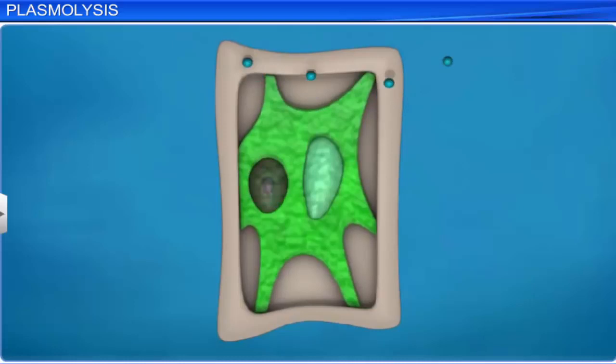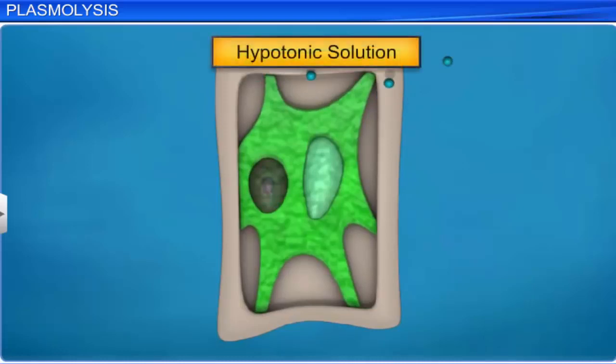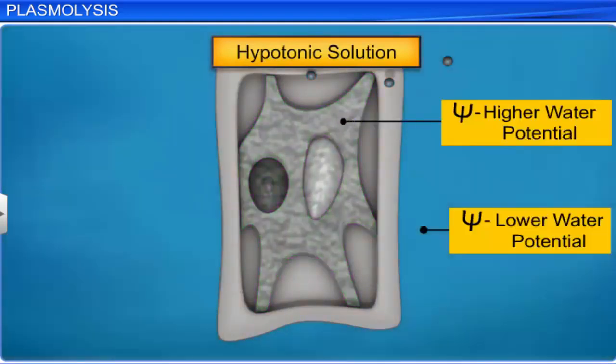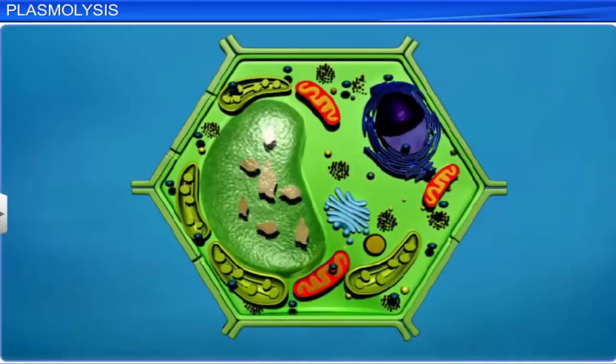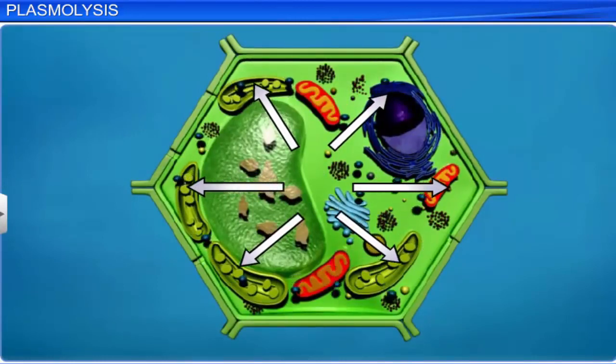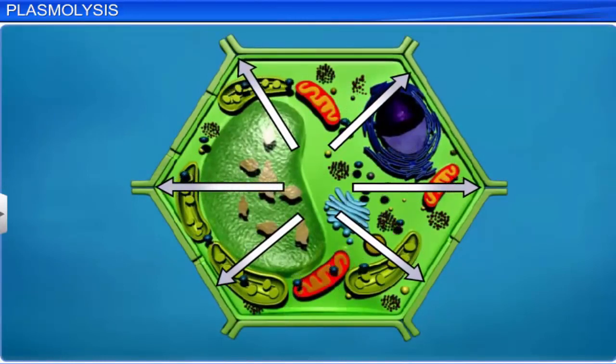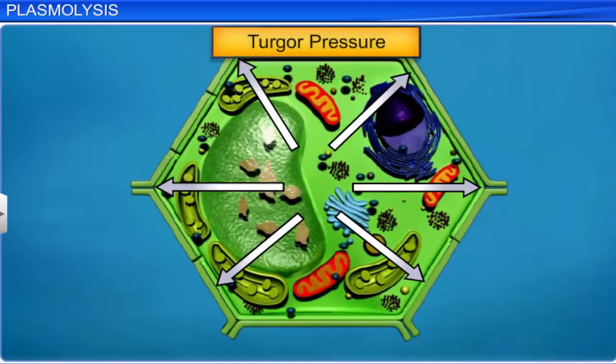When plasmolyzed cells are placed in a hypotonic solution, that is, a solution with less solutes and higher water potential, water moves from the solution into the cell. This causes the cytoplasm to build a pressure against the cell wall. This pressure is called turgor pressure.